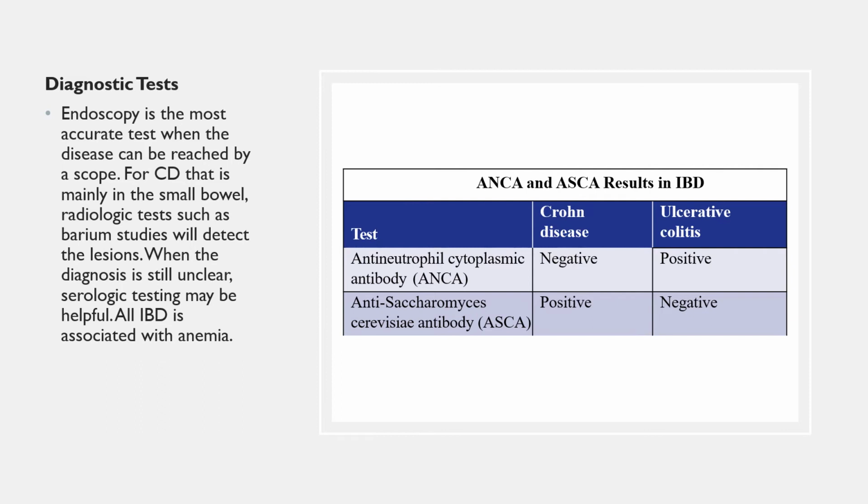On the right side of this slide, we have a table that differentiates ANCA and ASCA between Crohn's disease and ulcerative colitis in the case of IBD. ANCA, or anti-neutrophil cytoplasmic antibody: CD is negative, and UC is positive.